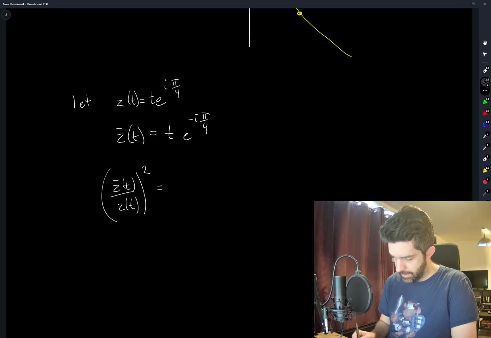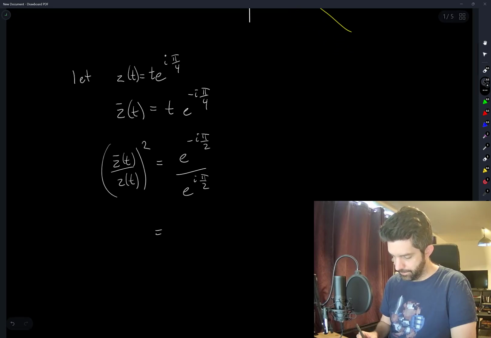So this is going to be equal to e to the negative I pi over 2 divided by e to the I pi over 2, which is e to the negative I pi, which is negative 1, right?